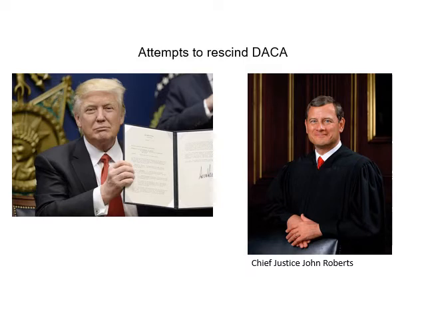But then 3 U.S. district courts issued an injunction preventing Trump from phasing out DACA. And the reason they said so was that the rescinding of the executive order was arbitrary and capricious under the Administrative Procedure Act.